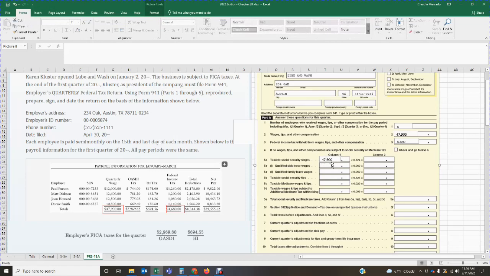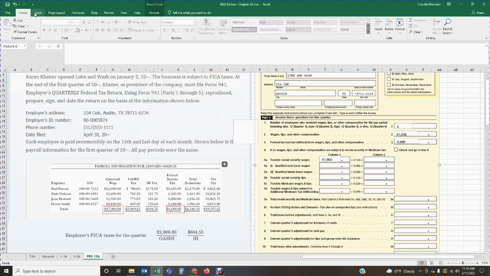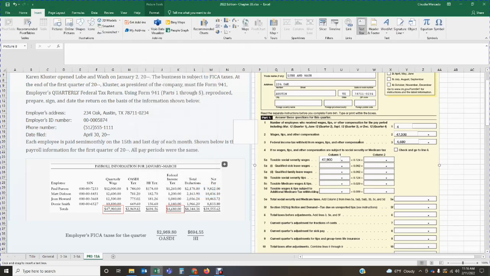We are going to take the 47,900 and multiply by the rate provided in the form, which is 0.124, and that's going to give me for column 2 an amount of 5,939.60. Okay, so we're going to enter that amount right here.